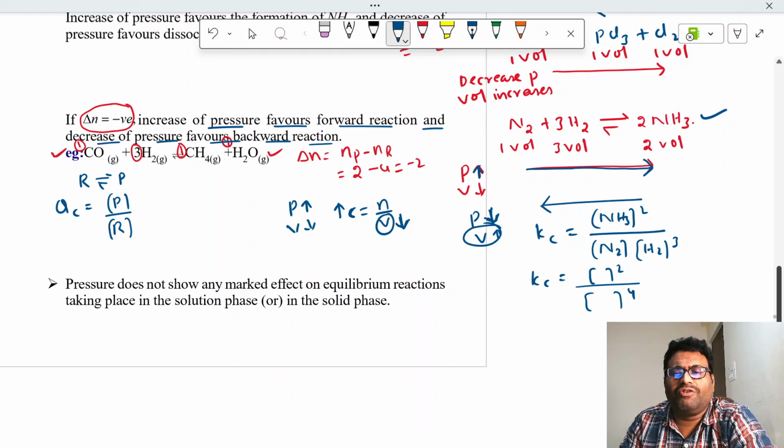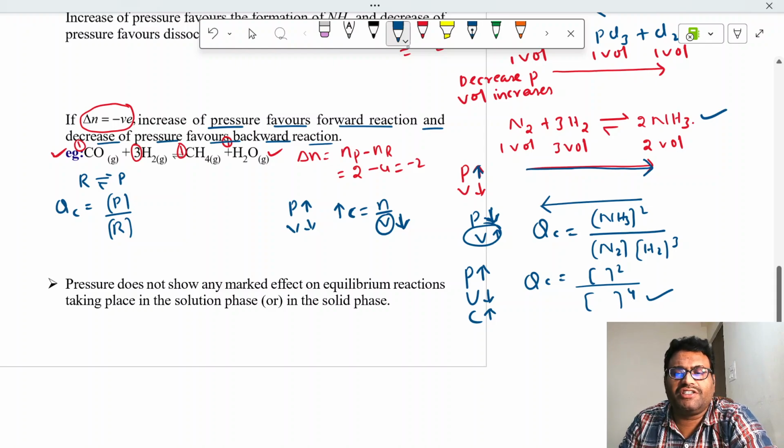Now you are not writing Kc, you should write Qc. Why? Because on changing pressure, the reaction is not in equilibrium now. Pressure increases, volume decreases. When volume decreases, concentration increases.